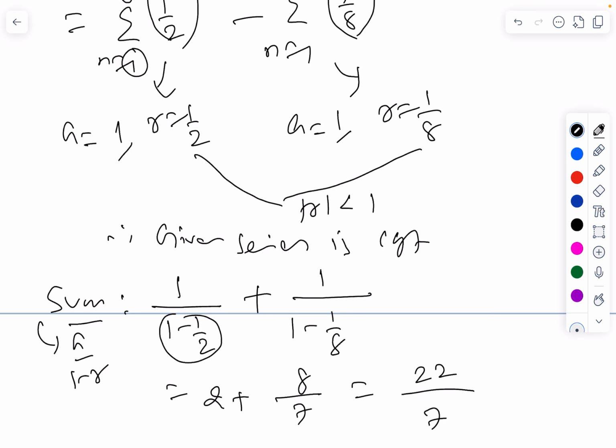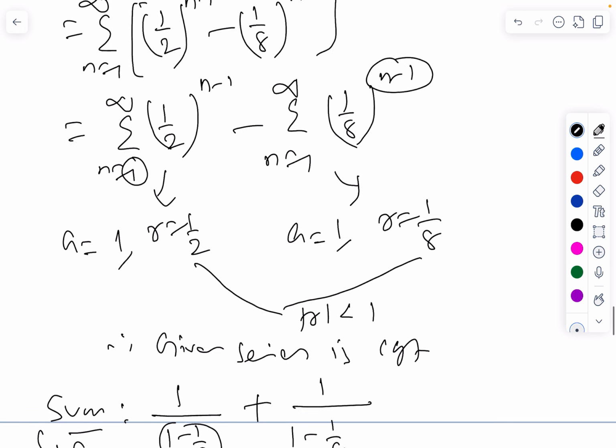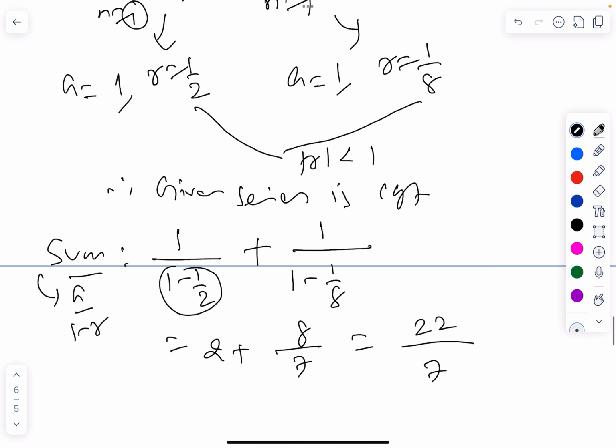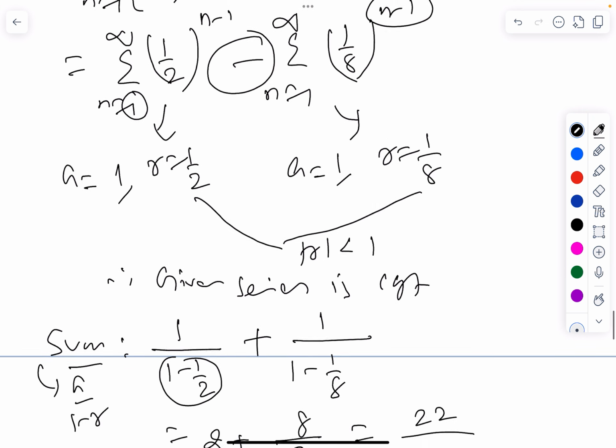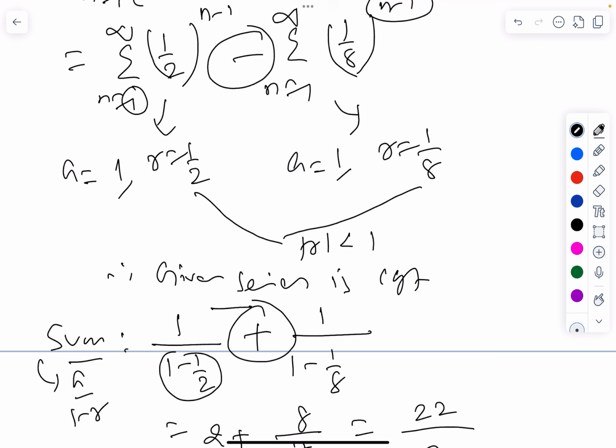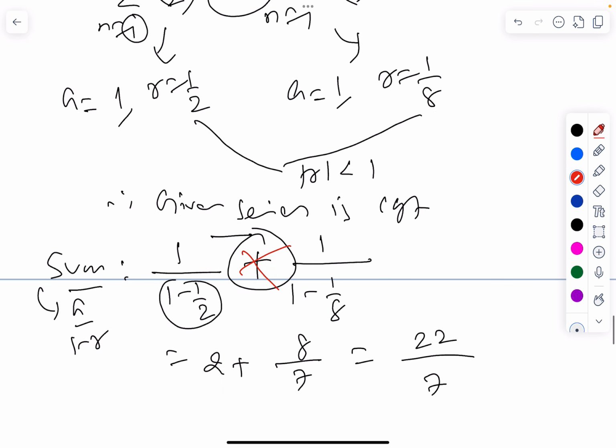So that is the final answer and sum. Yeah, sorry. Here we have a minus sign. So here we need to write a minus sign. And so here 14 minus 8. So that is 6 by 7.